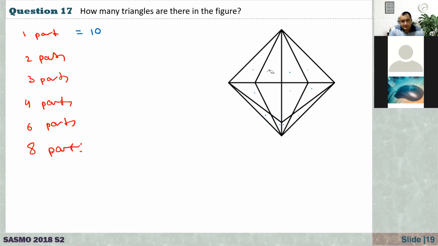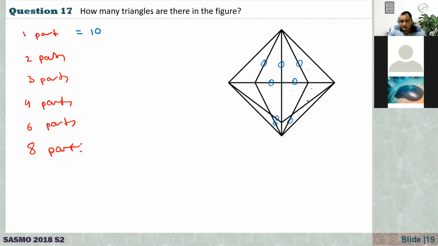2 parts, 1, 2, 3, 4. Maybe I can circle them. 5, 6, this one is 7. And this one is 2. This one is 3. This one is 4. This one is 5. And this one is 6. And this one is 7. And this one is 8.